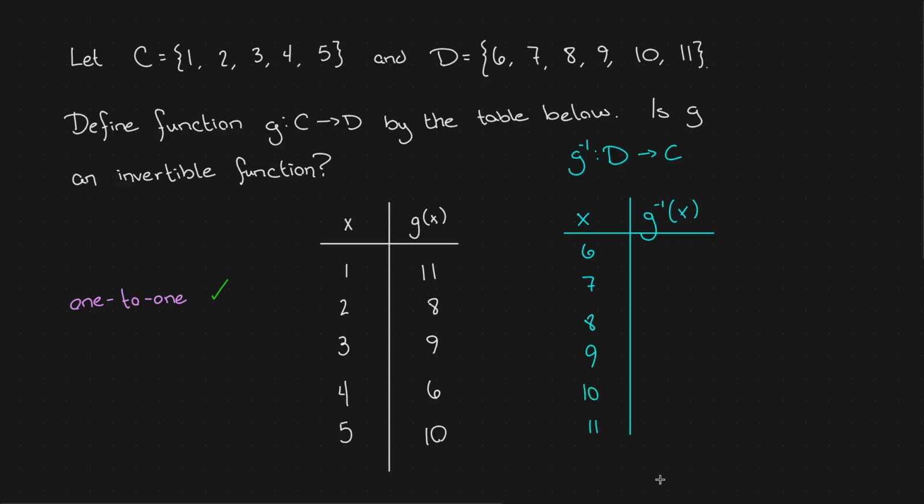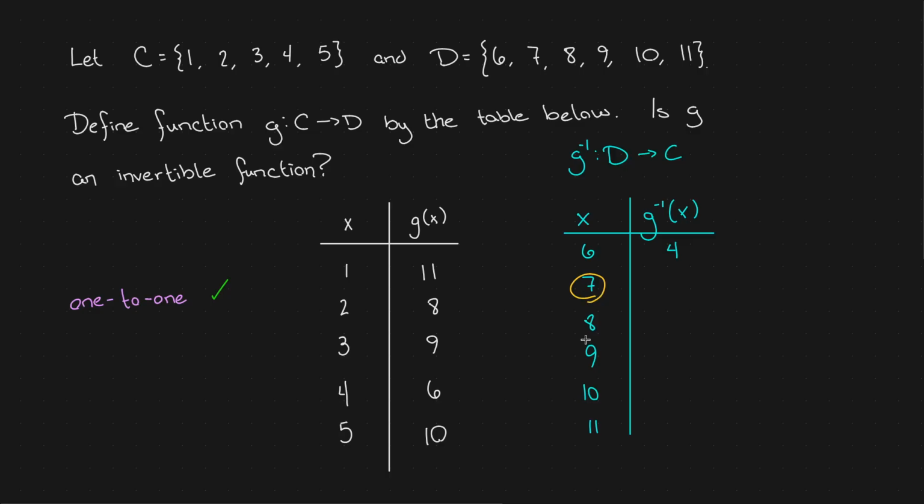So now let's figure out what G inverse is going to look like. Let's look at 6 first. I want to find 6 in the output here. Here it is. So since G of 4 equals 6, G inverse of 6 is going to equal 4.